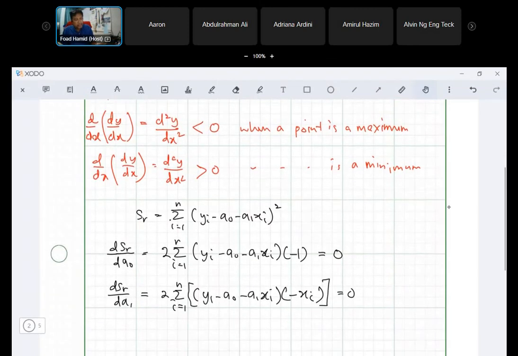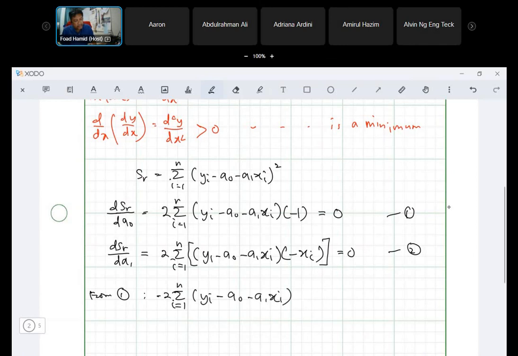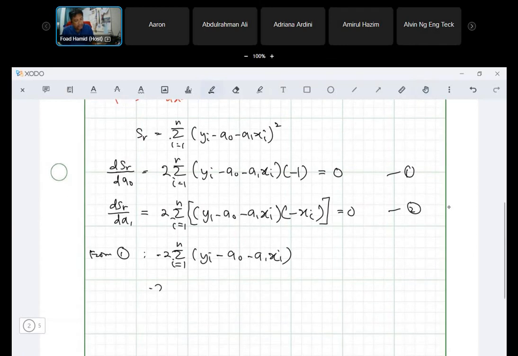Okay, now let's expand this. Let's say this is equation number 1, and this is equation number 2. From equation number 1, we know that this is just minus 2 times the summation from i equal to 1 to n of (yi minus a0 minus a1 xi), and let's leave that minus 2.